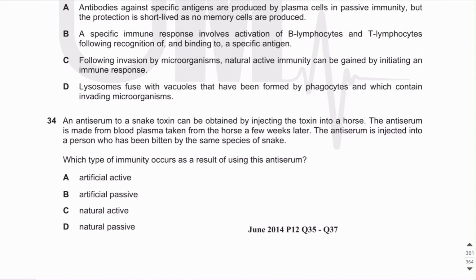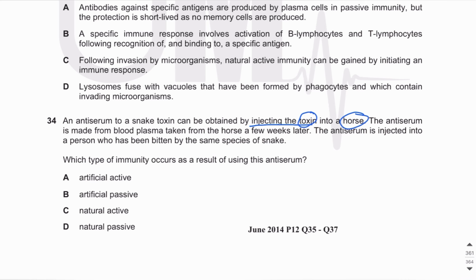So, guys, what is the story in this question? So, they are saying that we can inject a snake toxin into a horse, and the horse can then make antibodies against this toxin.